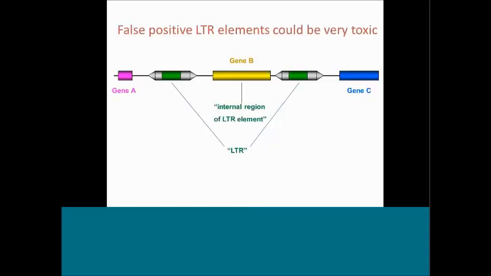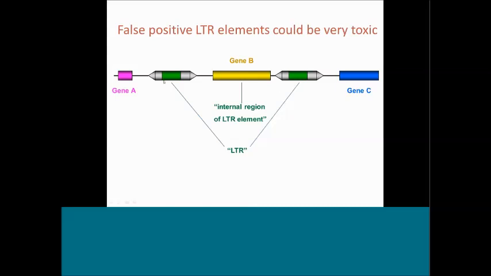As I'm showing here, the first step of detecting LTR elements is to detect two similar sequences which are close by. So if two DNA transposons are inserted flanking a gene, these two DNA transposons could be considered as a pair of LTR sequences, and the gene flanked by these DNA transposons could be considered as the internal region of the LTR element.